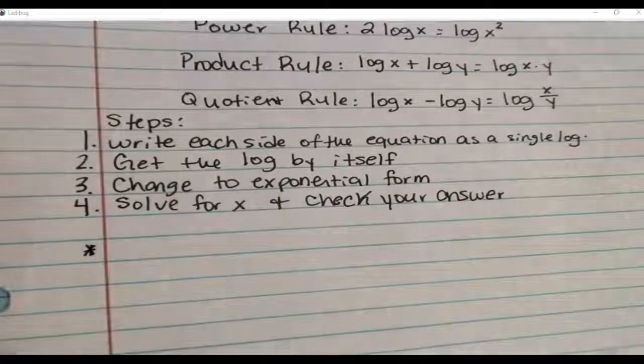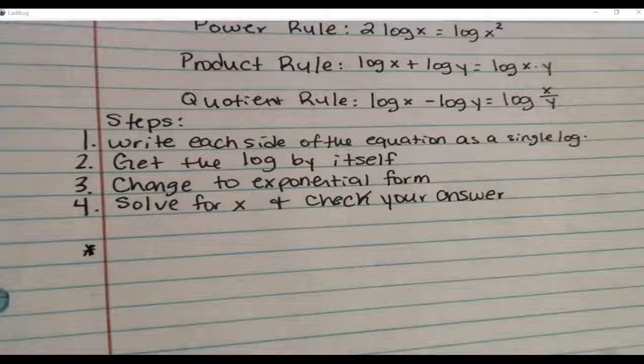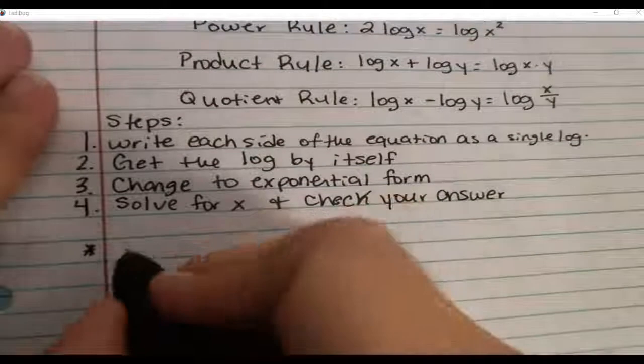So one thing that is special is if you have a log on both sides of the equation, they cancel each other out.